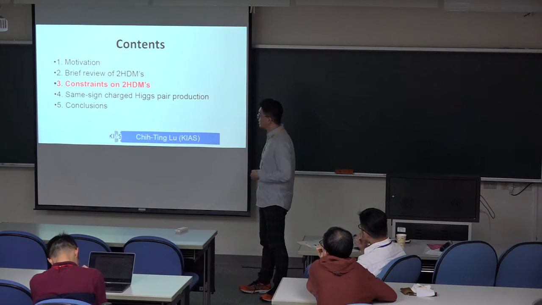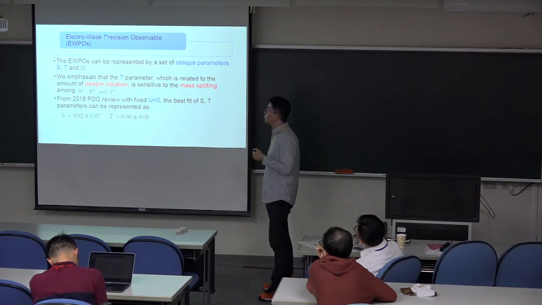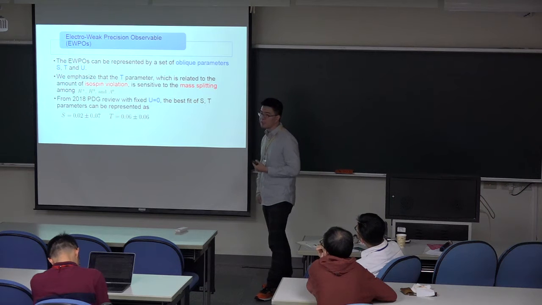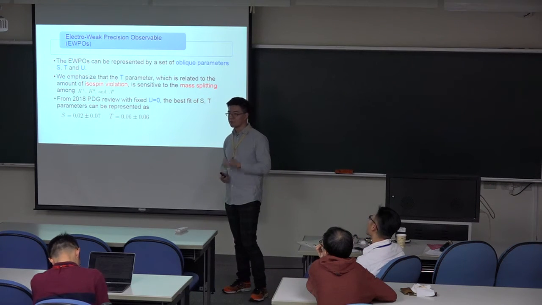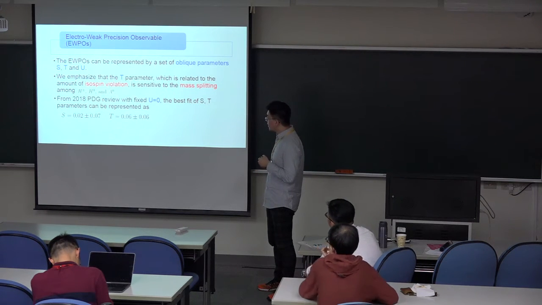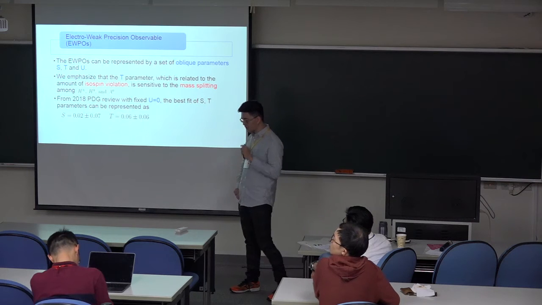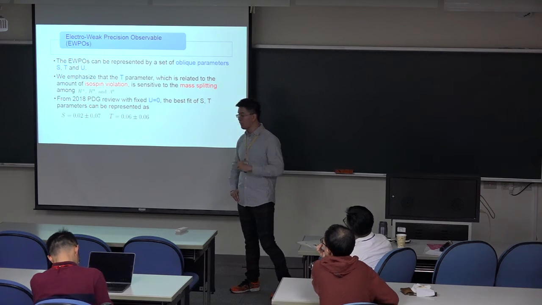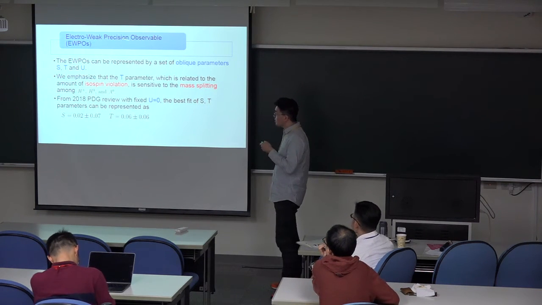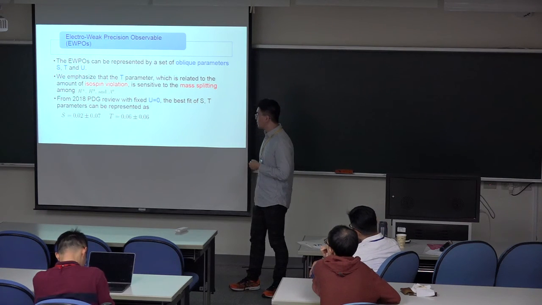Okay, so then we look at the constraints on these models. So firstly, we need to worry about electroweak precision observables, especially if we want to consider a mass splitting that is so large. Especially the oblique parameters S, T, and U. The T parameter is sensitive to isospin violations. That means it is very sensitive to the mass splitting. If the mass splitting is too large, then it will violate the EWPO constraints.